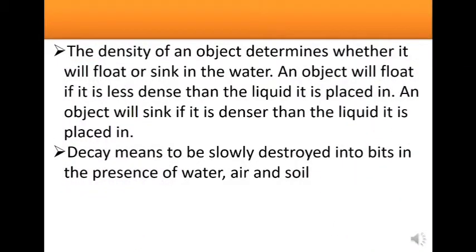Density of an object determines whether it will float or sink in the water. An object will float if it is less dense than the liquid it is placed in, and the object will sink if it is denser than the liquid it is placed in. Another one, the last one, decay means to be slowly destroyed into bits in the presence of water, air, and soil.